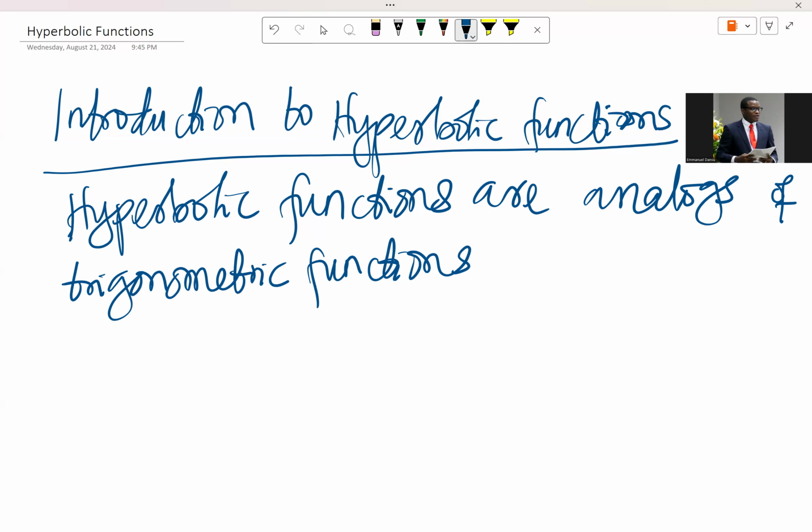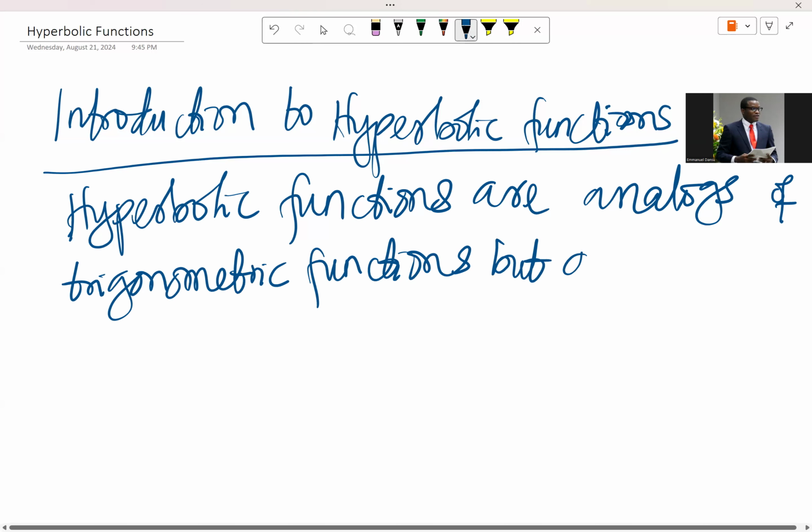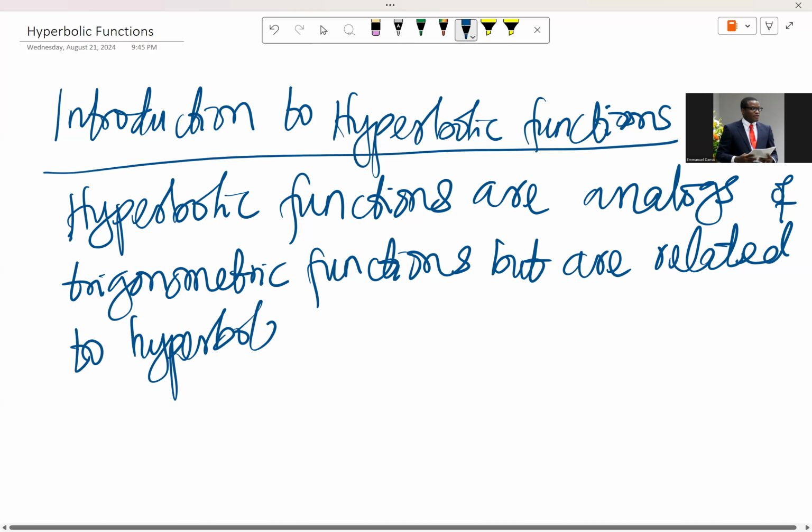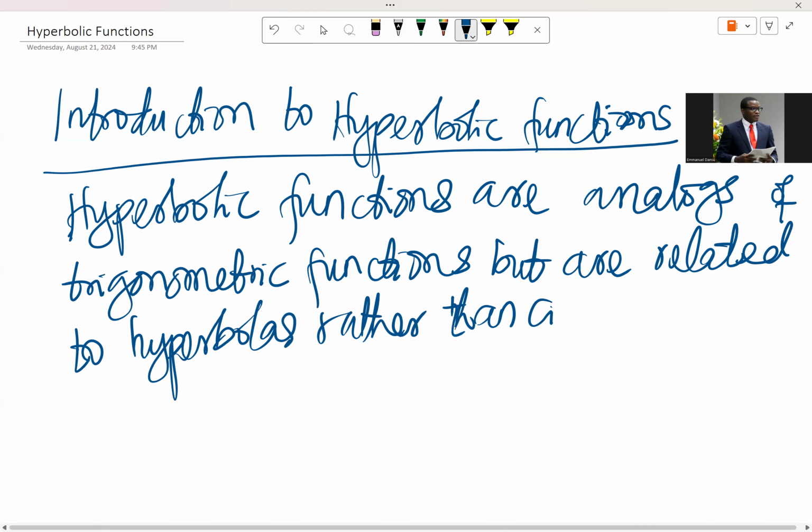So that can give you a foundation for this. So hyperbolic functions are analogs of trigonometric functions, but are related to hyperbolas rather than circles. So it means trigonometric functions are related to circles, while hyperbolic functions are related to hyperbolas. That's why they are hyperbolic.